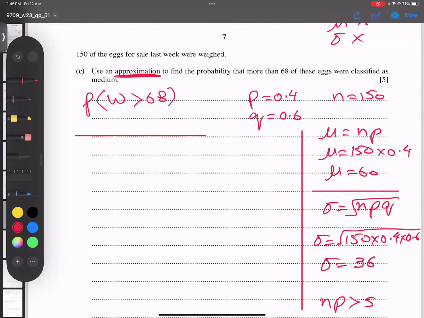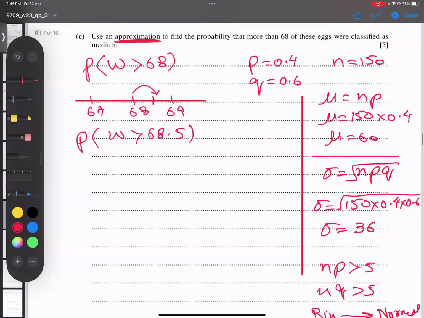I'll draw a number line: 68, one number bigger, 69, one number smaller, 67. I will follow the arrow, and I will just add 0.5, because in our syllabus we have to just add 0.5 or subtract 0.5. So 68.5 is my value. So this is called continuity correction, okay?